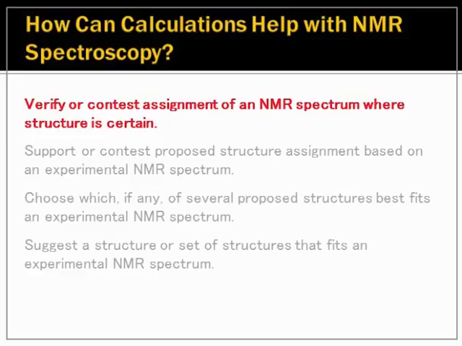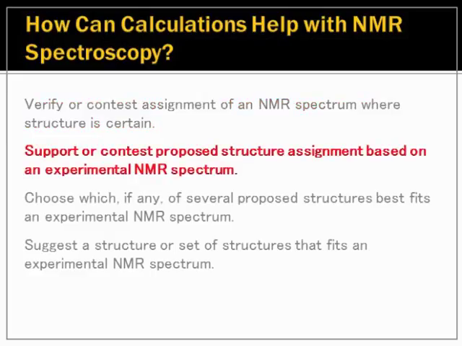So assignment is one thing. The second thing you can do, which is, I think, far more important, is you can say, here is a proposed structure. You can say if that structure is consistent with the calculated spectrum. You can't say it is exact, but you can say it is either consistent with or wrong.